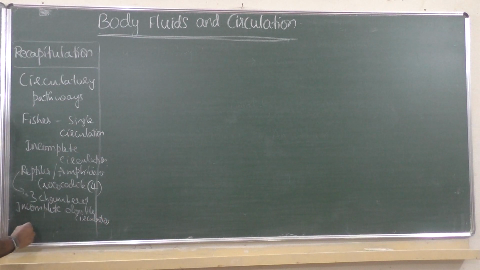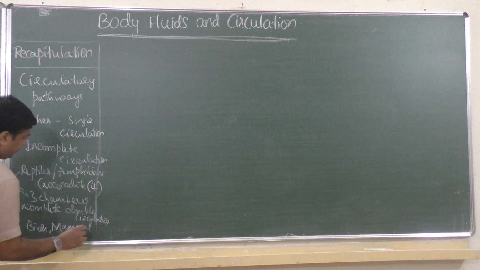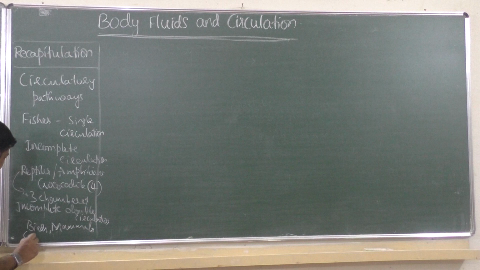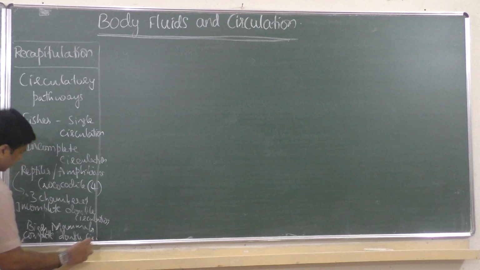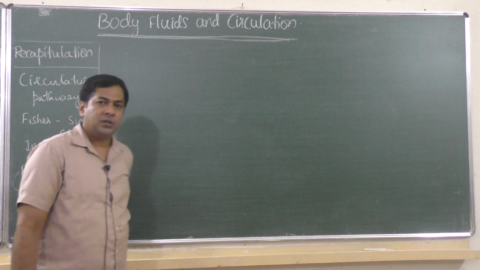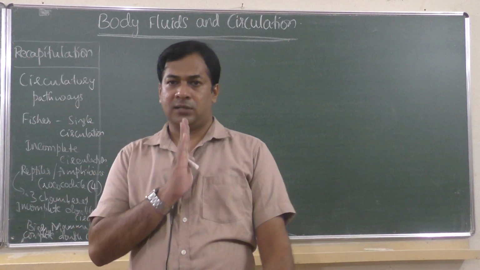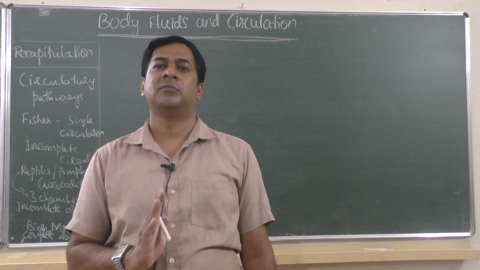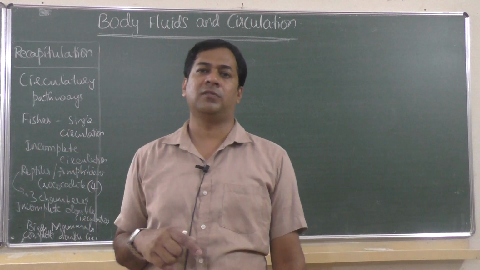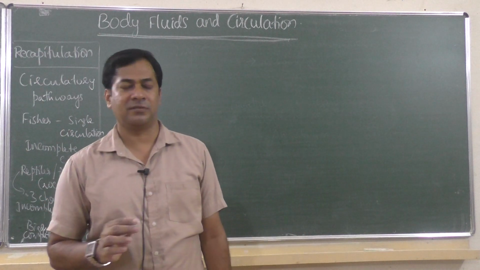Then in human beings, especially in birds and in mammals, we see complete circulation and it is double circulation. Why is it complete? Because in the human heart there is a dividing wall in the center of the heart, that is called septum. Today we are going to learn about the structure of heart and details of structure of heart.